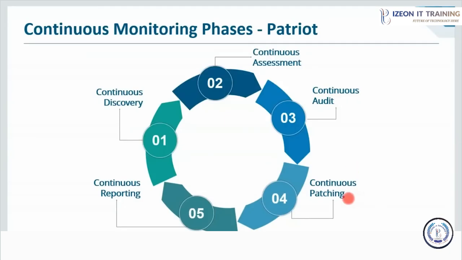Continuous patching is automatically deploying and updating software to eliminate vulnerabilities and maintain compliance. Patching is basically your remedy, where you actually respond to the threats or vulnerabilities that you see in your application. Continuous reporting is basically aggregating scanning results from different departments, scan types, and organizations into one central repository. So these are nothing but the various phases involved in continuous monitoring.